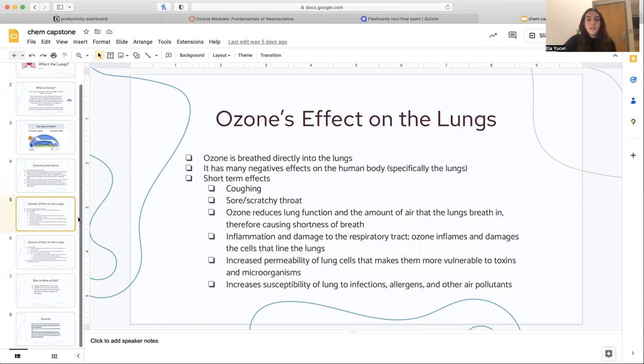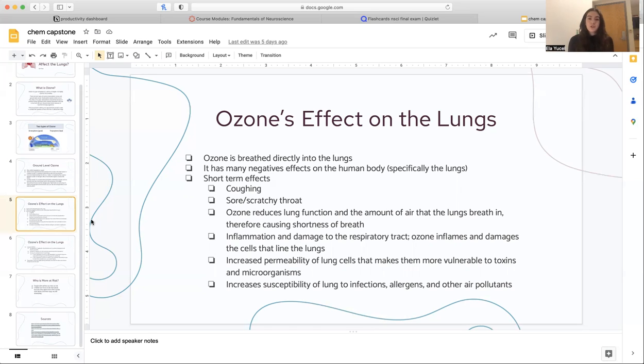So now we are finally at the main topic of today's presentation. Ozone is breathed directly into the lungs, so it has a very direct effect on your lung health. And unfortunately, it has many negative effects on your lungs.